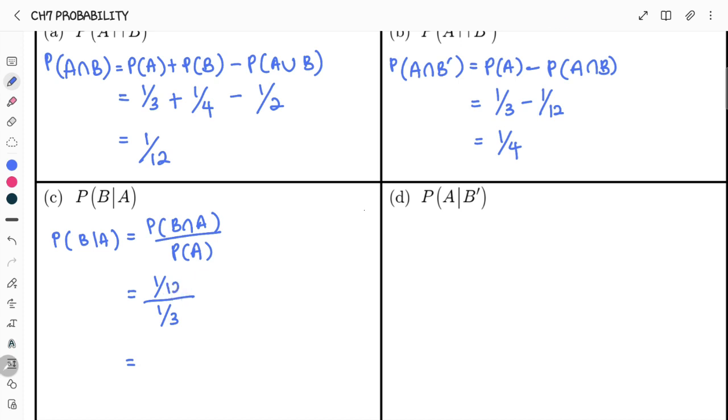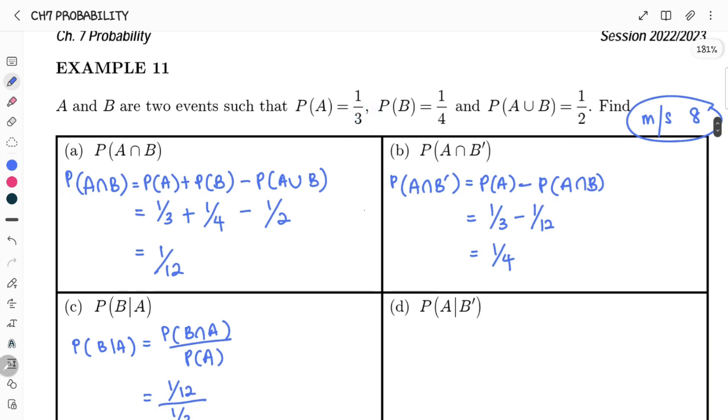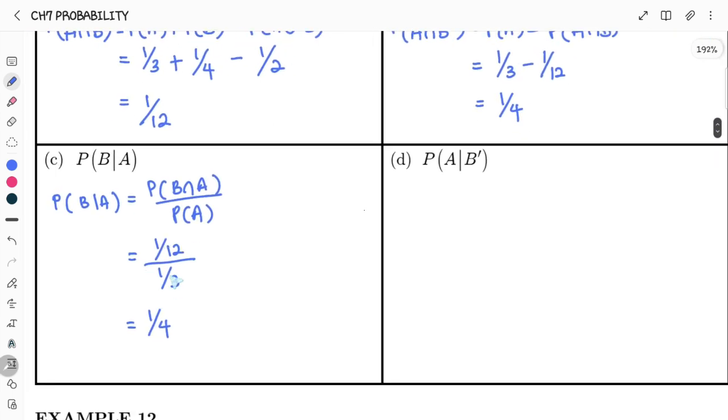Let me just repeat that. So the intersection is 1/12, and then over P(A), which is 1/3. Then simplify that, you get 1/4.